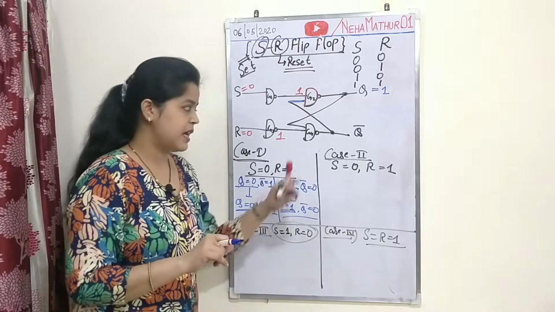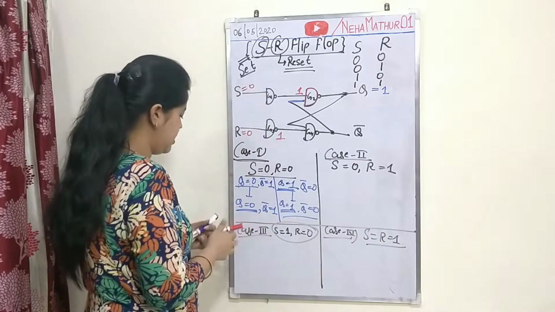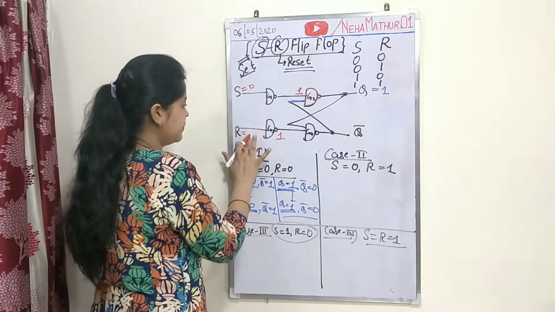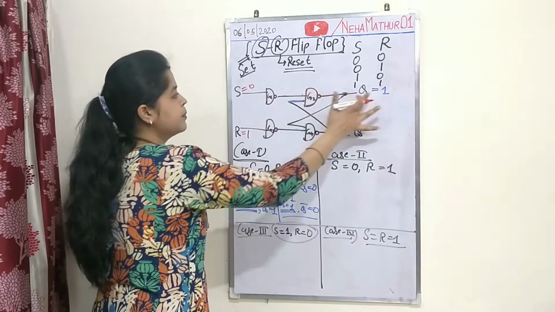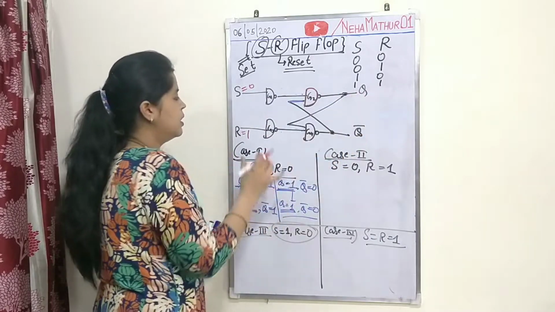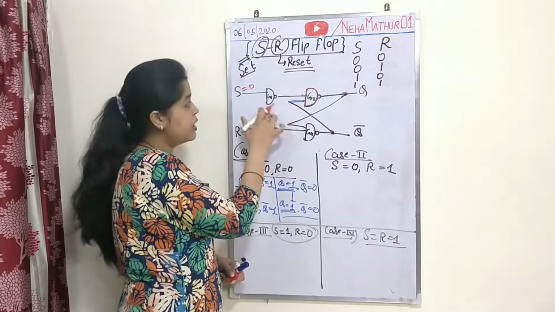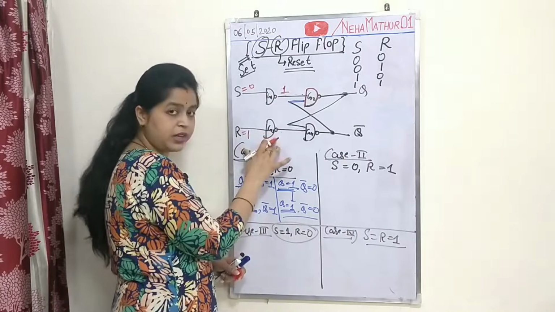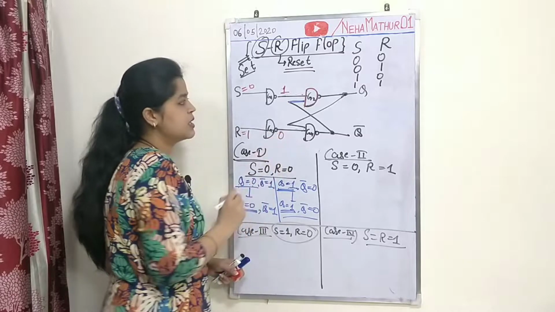Now come to the second case, when S is equal to 0 and R is equal to 1. Now see, what will be the output of the G1? G1, which is working as an inverter, will invert its applied input, so it will be 1. Similarly G3 will again invert its applied input, which is 1, so it will be 0.